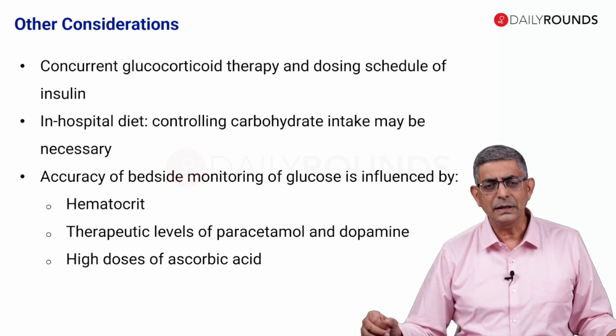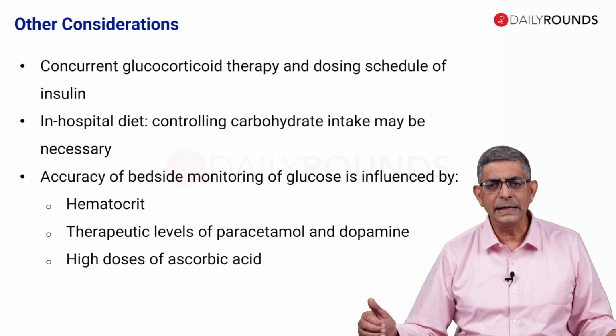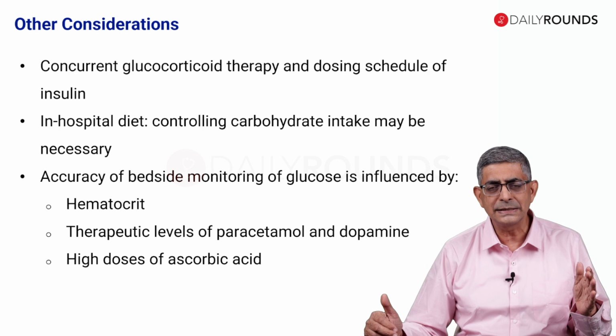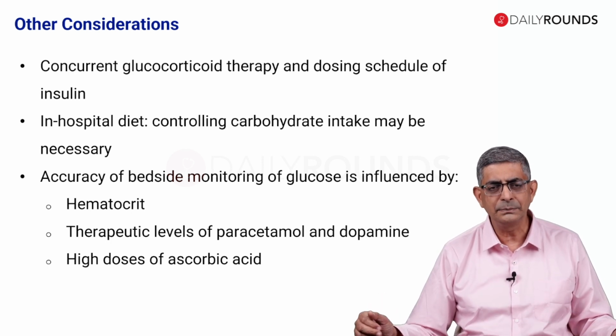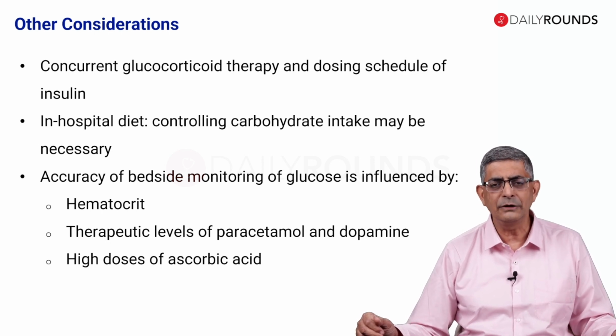It is important that a lot of emphasis is paid to diet, particularly carbohydrate intake, balanced between not giving too much and just the right amount. We need to ensure the patient gets a balanced diet in terms of macro and micronutrients, as well as accuracy of bedside monitoring of blood glucose. At times, these readings can be affected by the hematocrit and the therapeutic levels of some drugs.